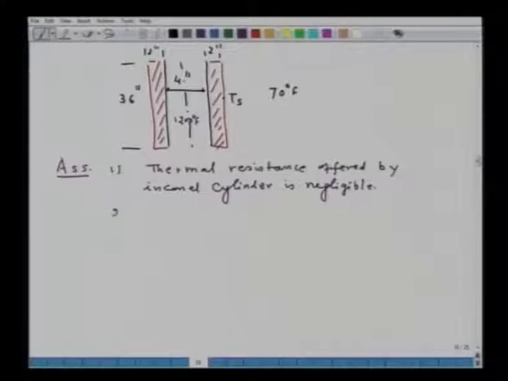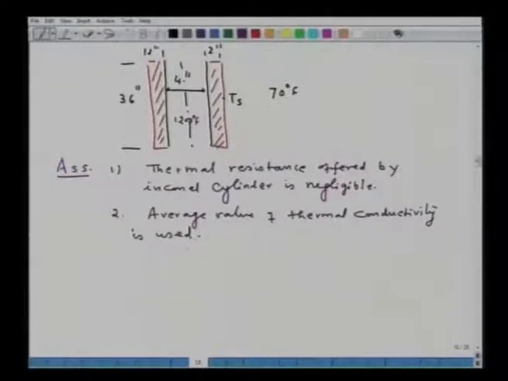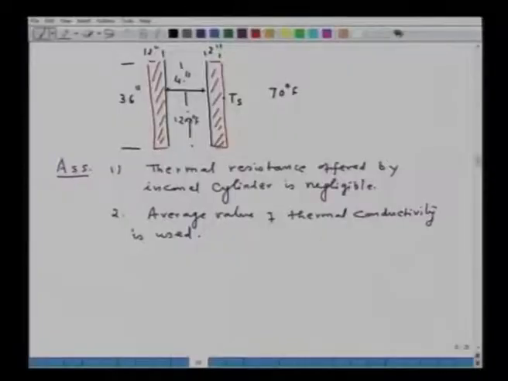The second assumption is that an average value of thermal conductivity is used. However, you know that thermal conductivity is a function of temperature, and as such, for accurate calculation one has to take K as a function of temperature and accordingly integrate it. But to illustrate the problem, we are making some simplified assumptions.